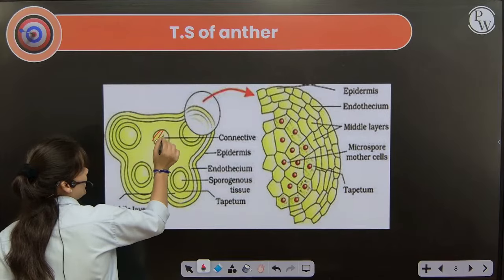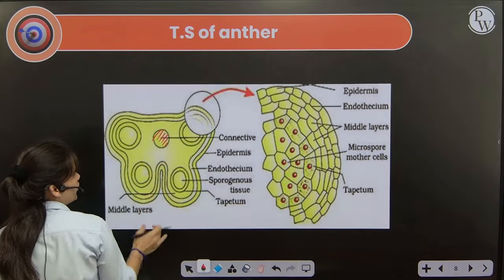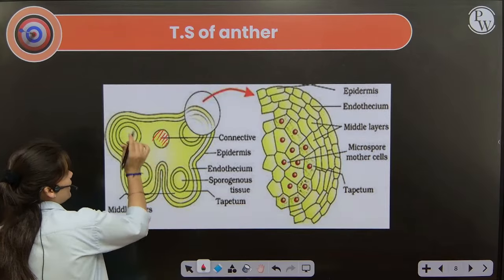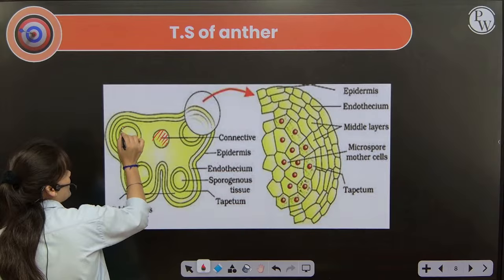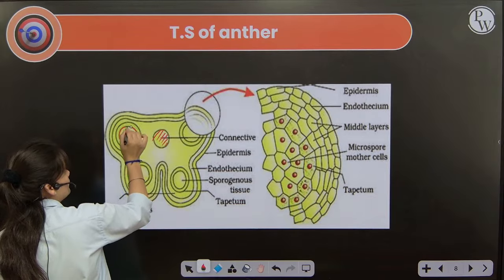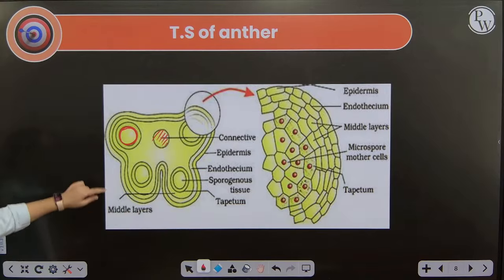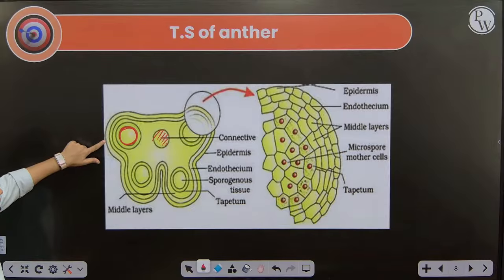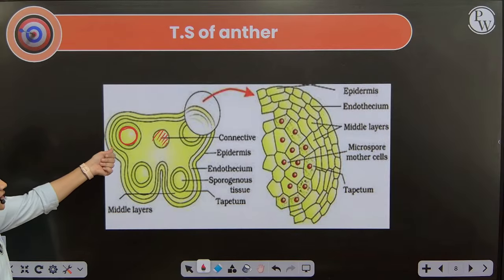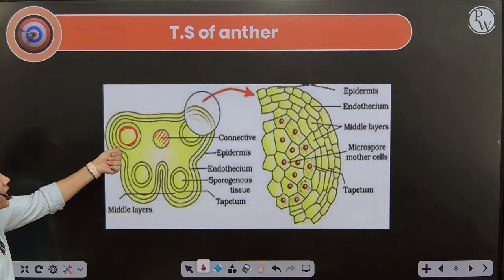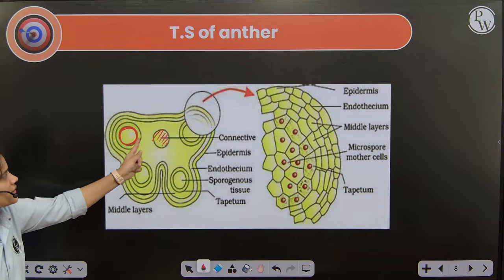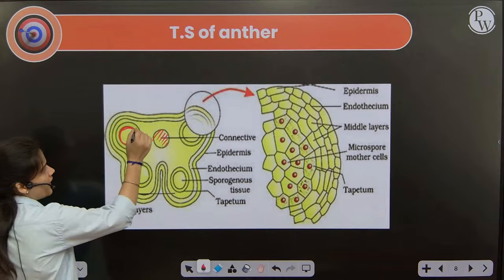This is connective tissue which connects two lobes of anther. Then inside each theca, what is present? Microsporangia. Microsporangia is further surrounded by four wall layers. Outer one is epidermis, then endothecium, third one is middle layer, and the layer which surrounds this microsporangia is tapetum.